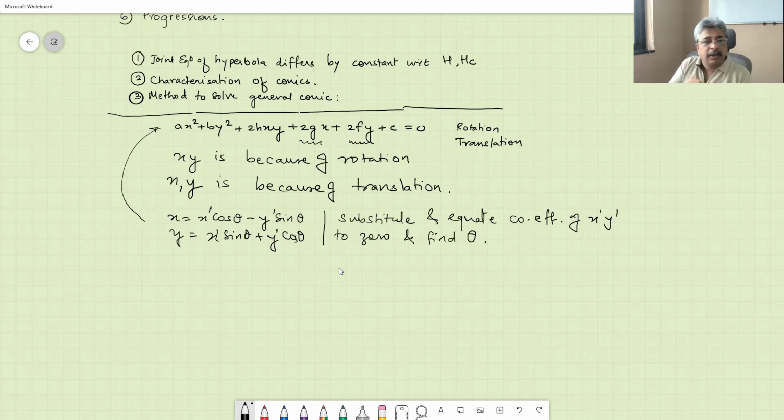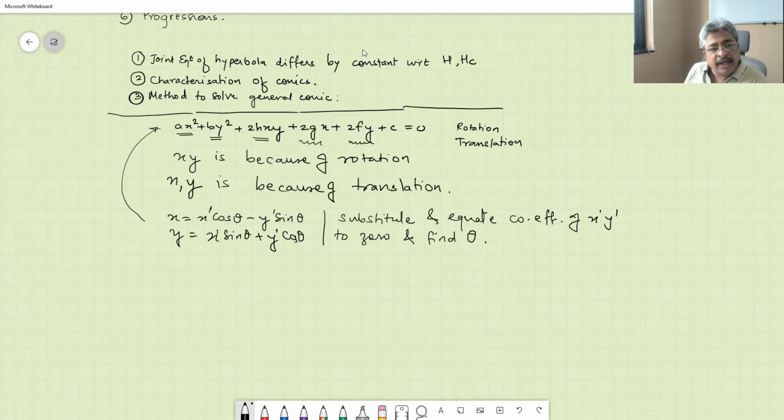This is easy. Put this back into the original equation, simplify, equate the coefficient of x dash y dash to 0 and find the value of theta.